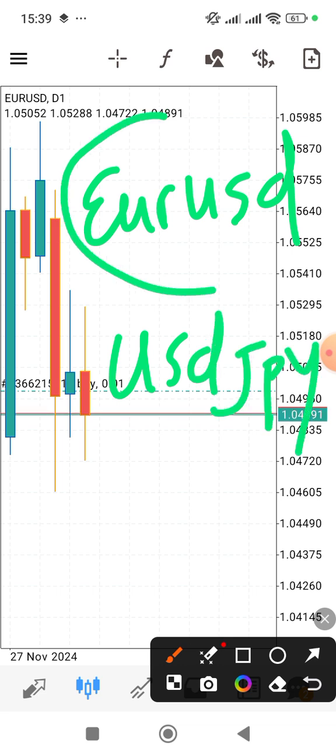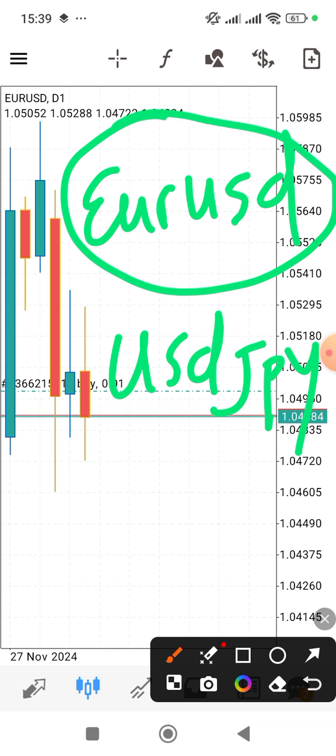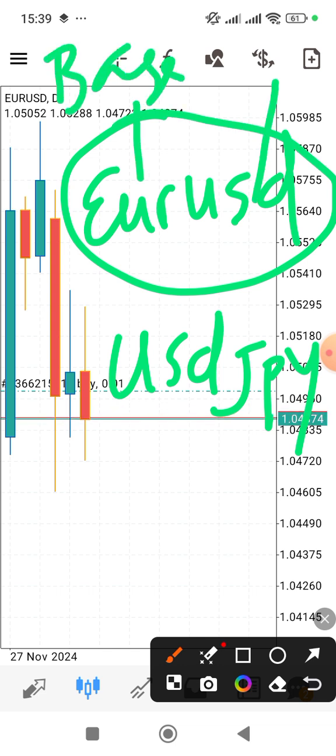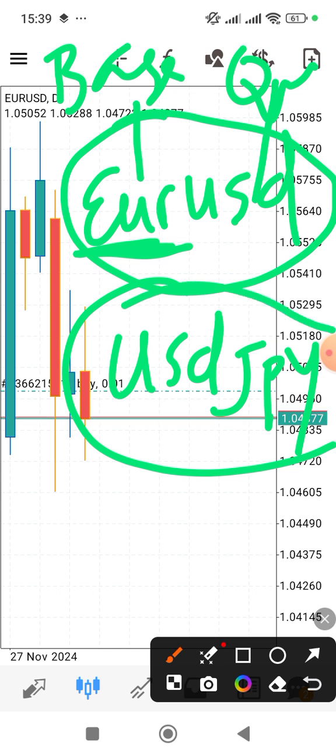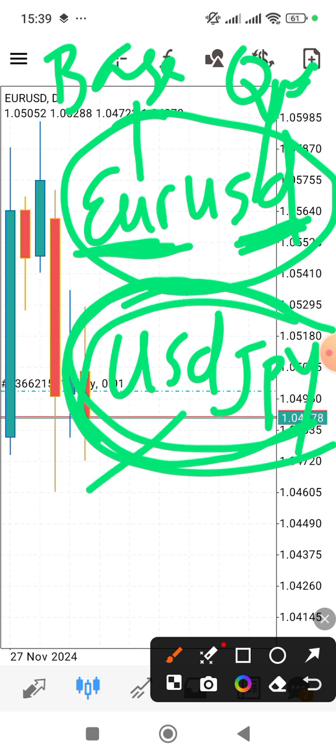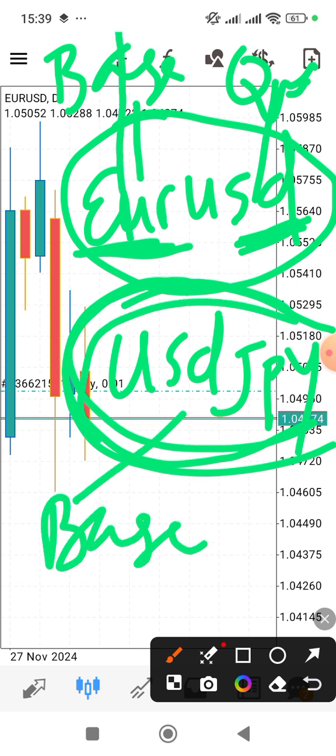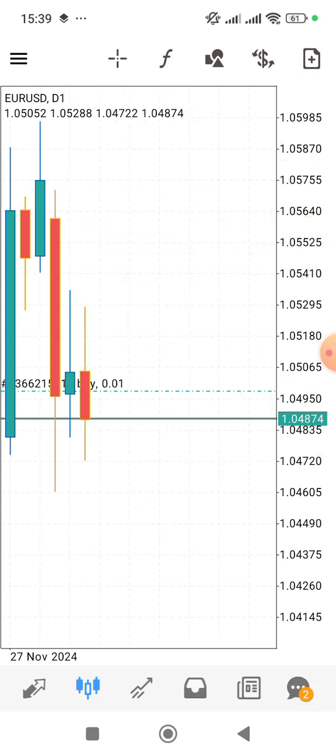In this scenario, Euro is the base, USD is the quote currency, because Euro is the one that came first. In this first example USD is the quote currency, but in this currency pair, USD is the base currency because it appeared first. So any currency that appeared first is the base currency. The one that appears second is the quote currency.